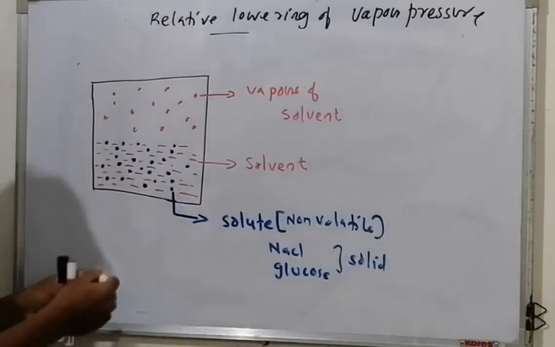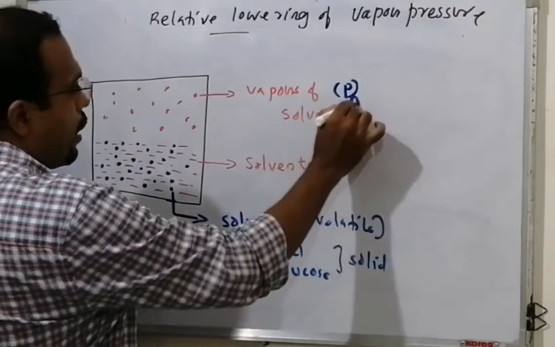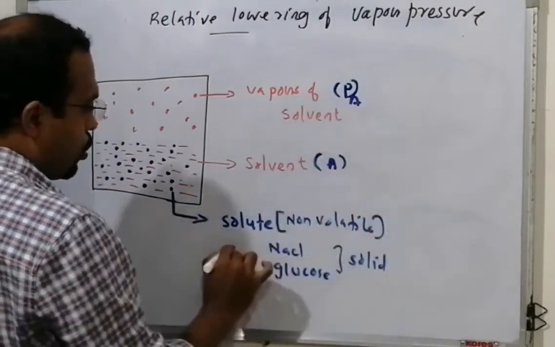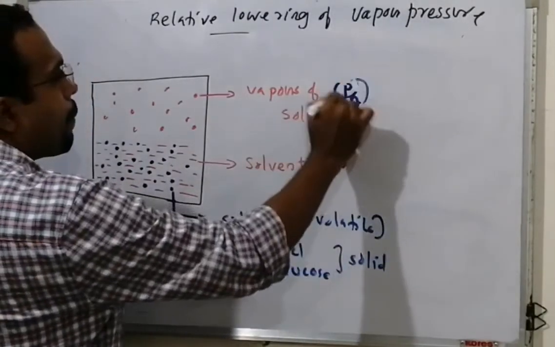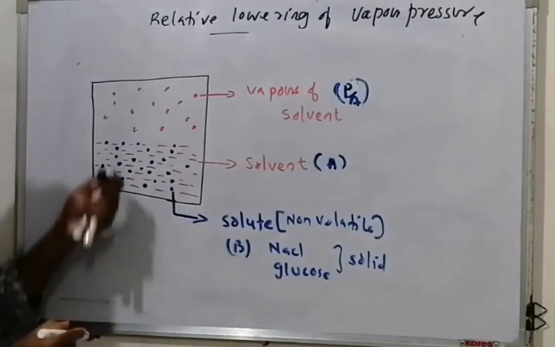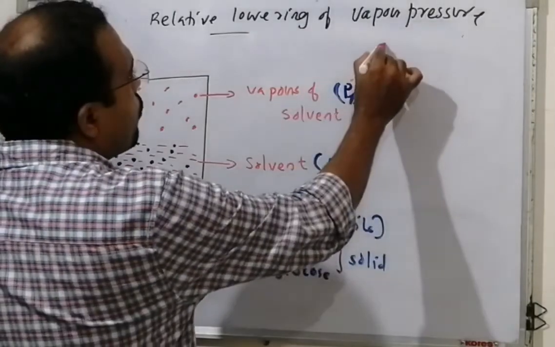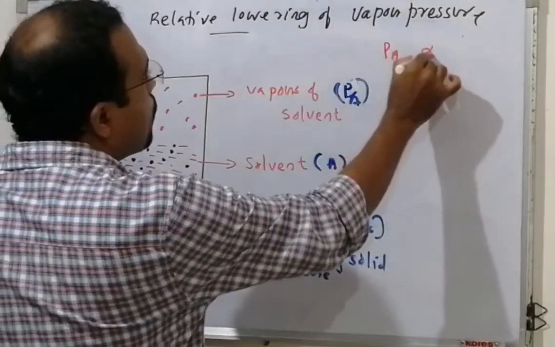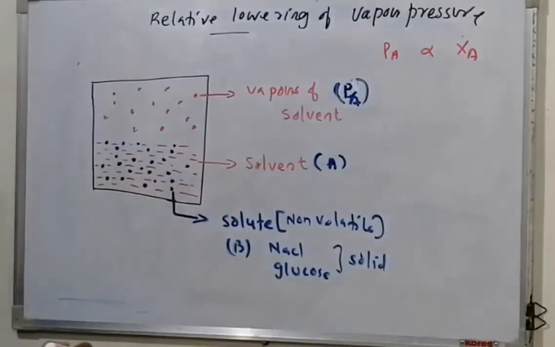Now, suppose you say this is P. Solvent is A. Solute is B. PA is the vapor pressure of solvent. Now, we know that the vapor pressure of A is directly proportional to the mole fraction of A in the solution. We have already learned this idea from Raoult's law.